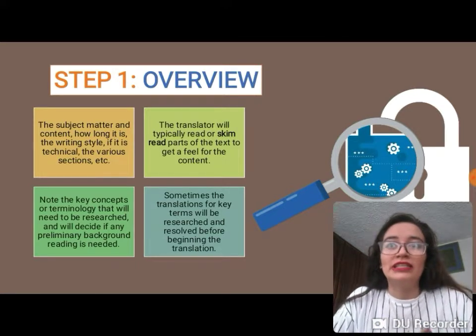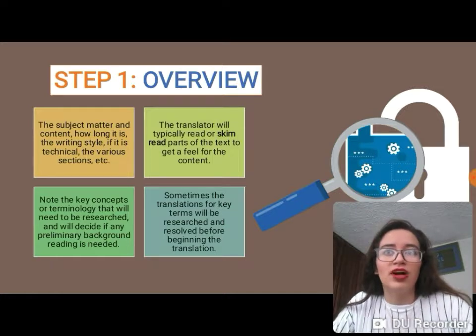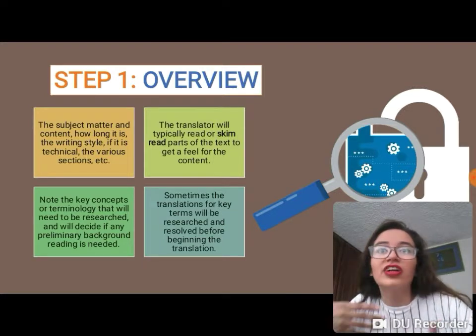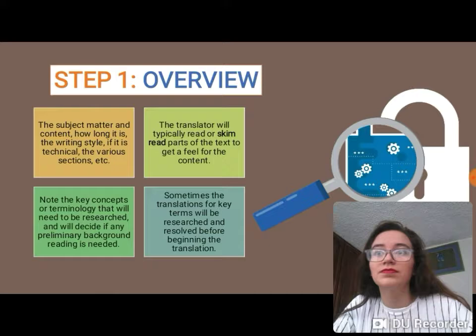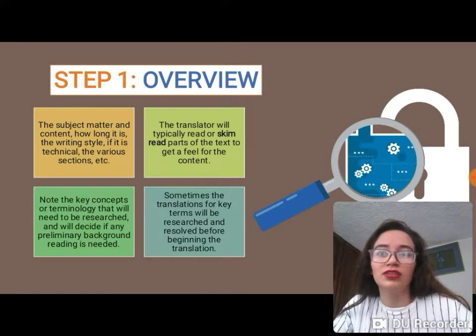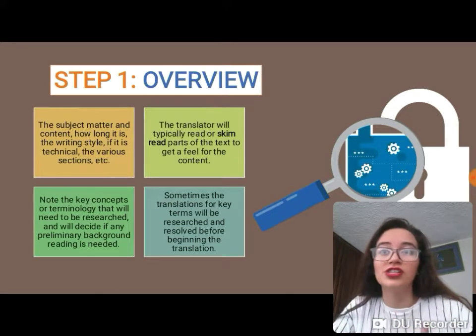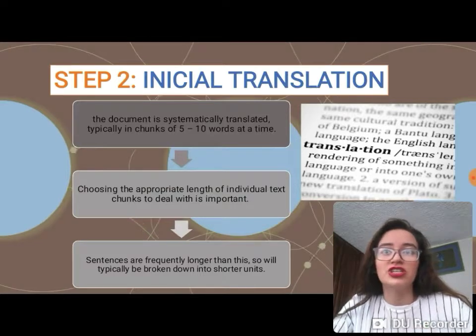The translator will typically read or skim read parts of the text to get a feel for it. He or she may note key concepts or terminology that will need to be researched.